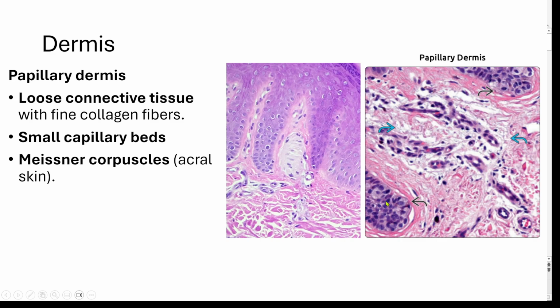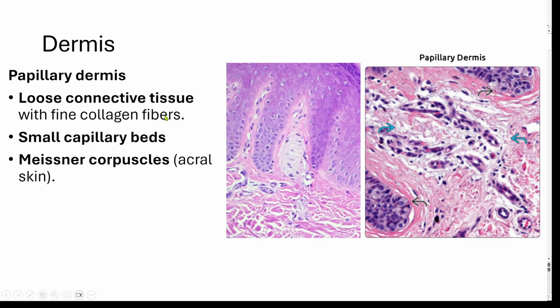So there is this papillary projection and another papillary projection from the epidermis, and between them is the papillary dermis. We have some mucin in there and probably some vessels inside, and these are very thin capillaries supplying this area as well as the epidermis.